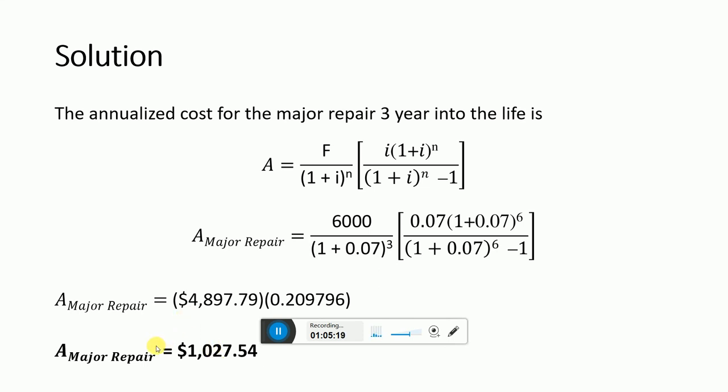So now, until this point, we have calculated four annualized costs. One is for the ownership, the other is for salvage, the third one is for tires, and the fourth one is for major repair. And also the fifth one is for FOG, like fuel, oil, grease, and minor maintenance.